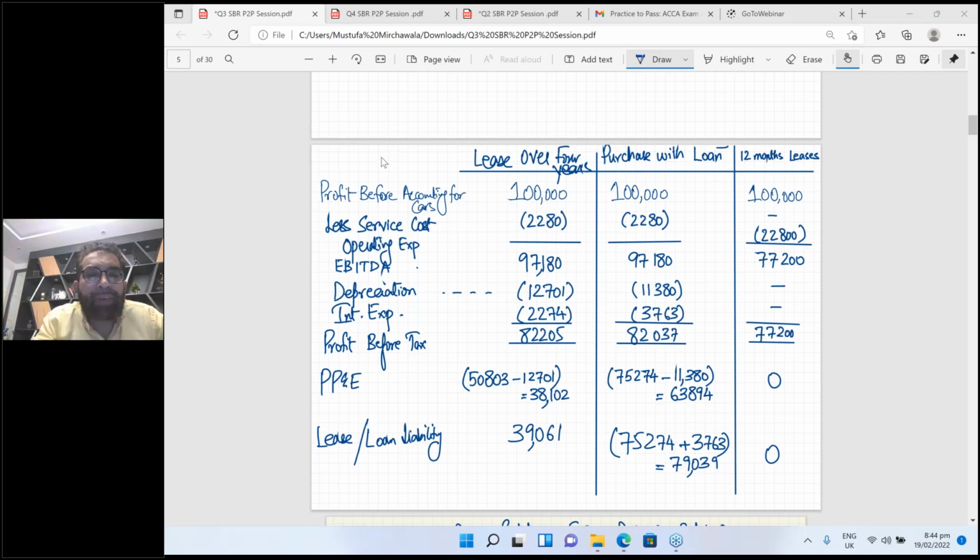First of all, I have deducted the annual service charge cost, which we just calculated as 2280. The moment you deduct 2280, because this is an operating expense, you will get EBITDA, 97180. Why is this 97180 EBITDA? Because EBITDA means earnings before interest, tax, depreciation and amortization.